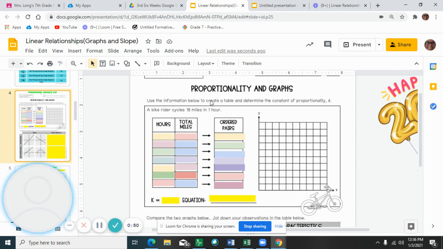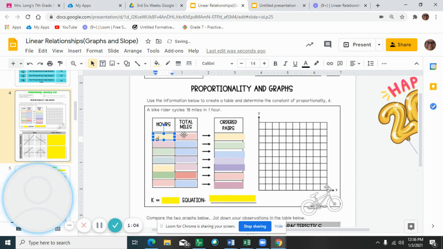Now, they told us right here that it's going to be proportional because they ask you to find K. So having said this, you can actually put in here if they have traveled no amount of time, then they have traveled no miles. So there is your origin.